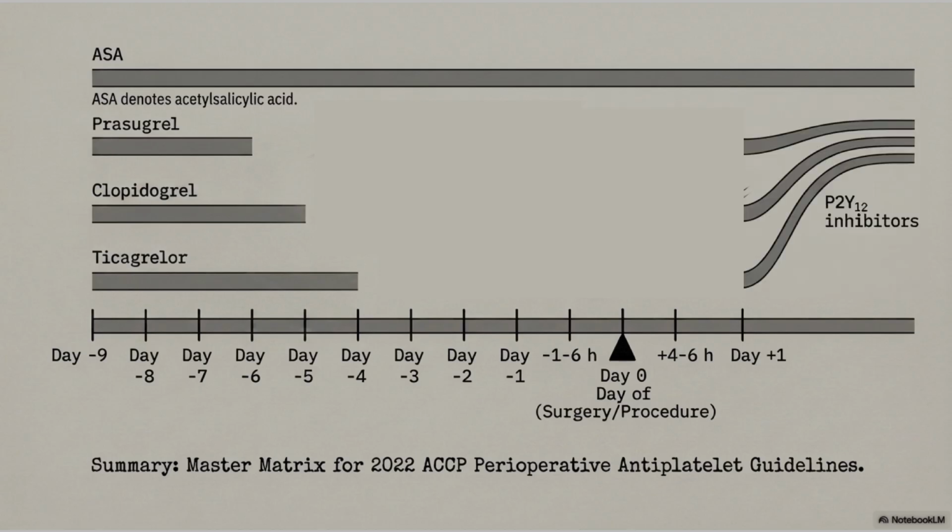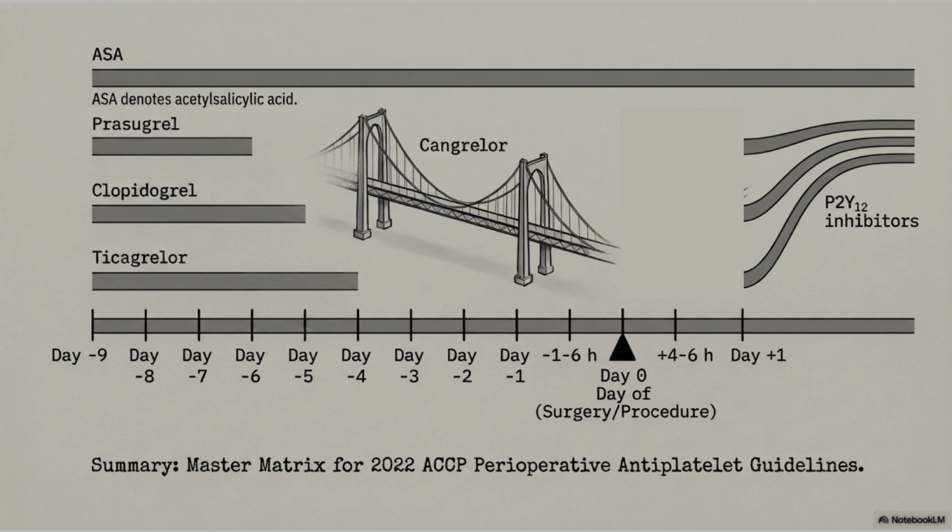After the procedure, you could restart them 1 day later, and in certain high-risk procedures for thrombotic events, you could consider a very fast-acting antithrombotic medication, that is cangrelor, because of its very short half-life and very fast peak action.